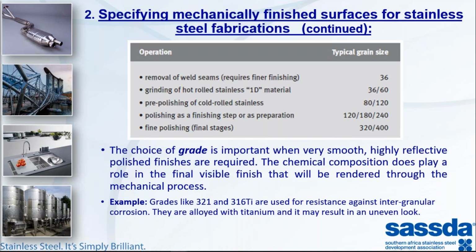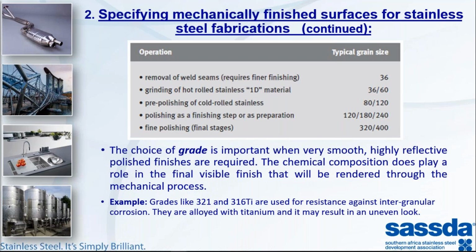The cold rolled material, you can start at 120 grit. If needs be, you can go down to 80. And then as you go through your finishing steps towards a final, very fine finish, you will use 120 up to 240 grit. And your final polishing stages will be up to 400, even in some cases up to 600 grit.